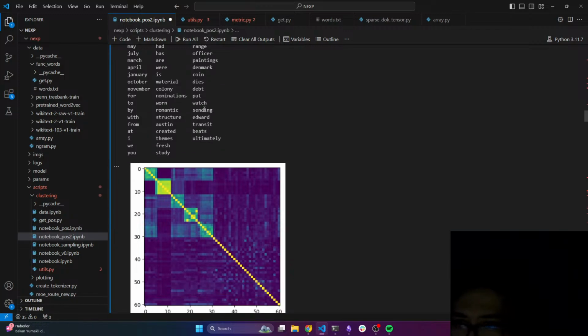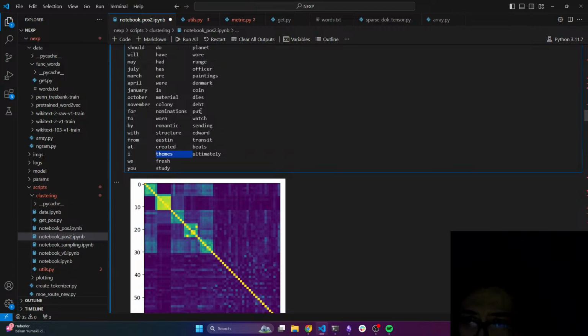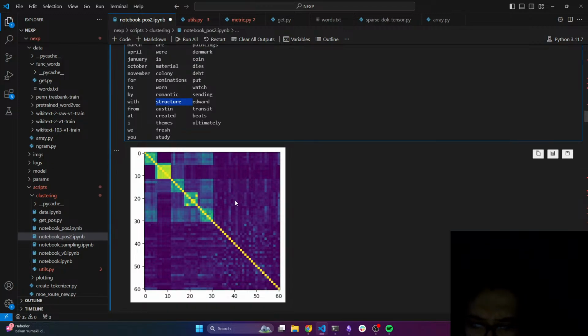Right, so it has some verbs: warn, sending, seats, beats, ultimately, fresh, study, themes. Officer, Denmark, paintings, structure, romantic. I would expect these to be a bit more similar to each other than this.